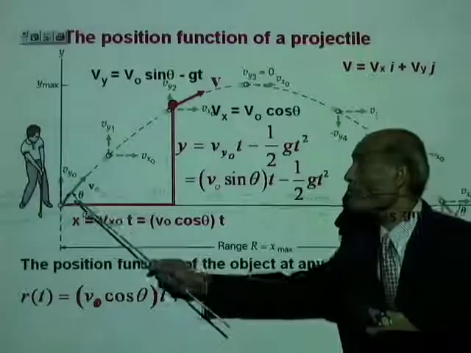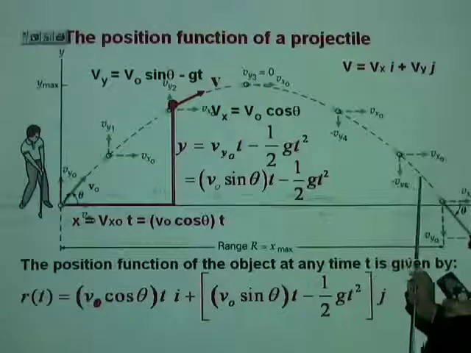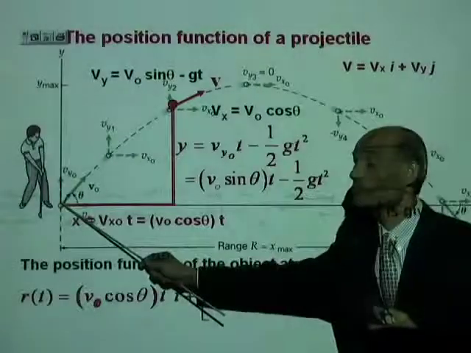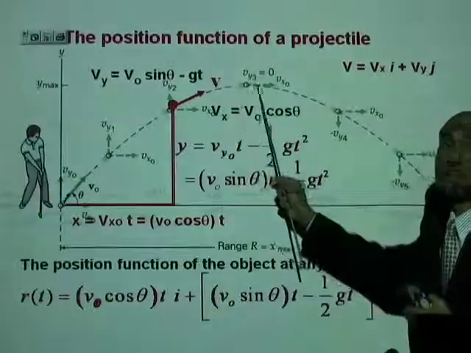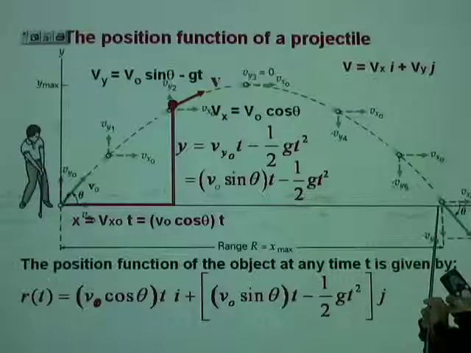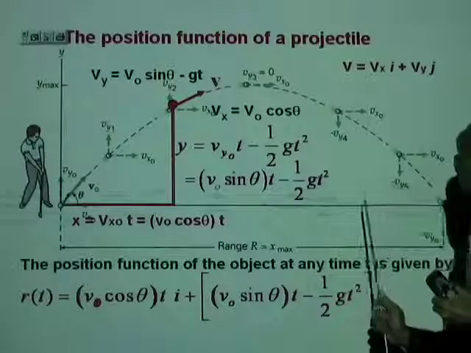What is the value of that y position when the projectile returns to the ground? You project it from a point and it goes, reaches the maximum height and returns to the same horizontal level. What is the value of y when that happens?